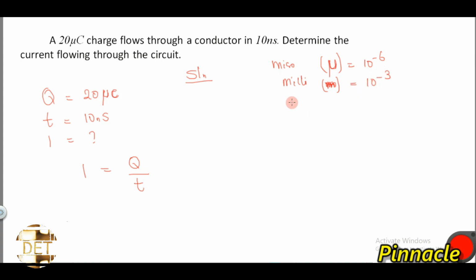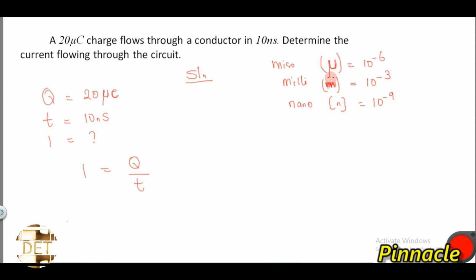Then we have nano. The symbol for it is small letter n, and the value for it is 10 raised to power minus 9. These three things, you must take note of all the time.